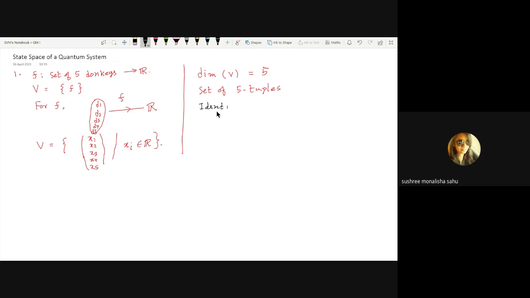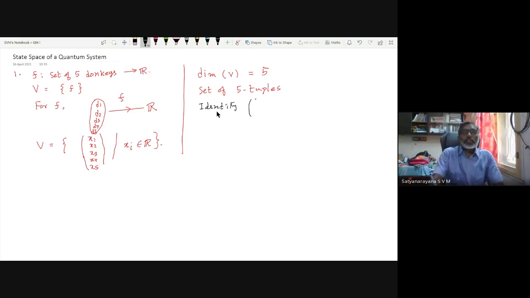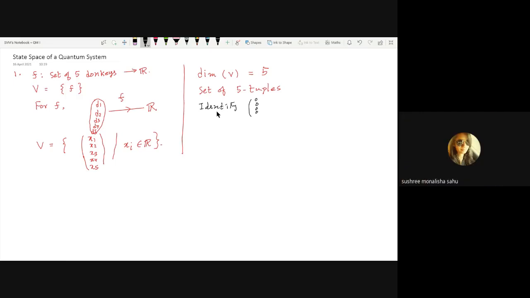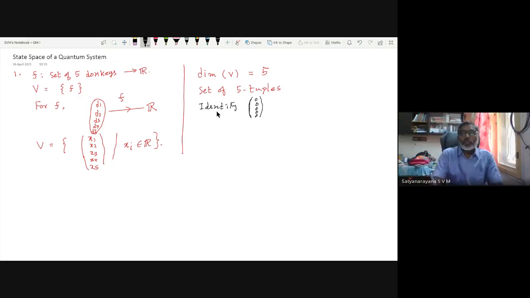But sir, physically it will mean nothing, I think. What do you mean physically? Physically, when we are considering the identity case, we can say that there is no donkey present. But for the inverse, no, that's not what I'm saying.